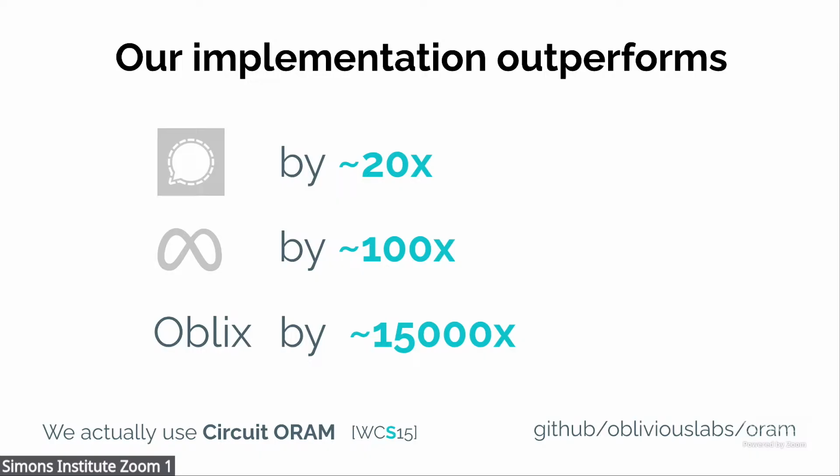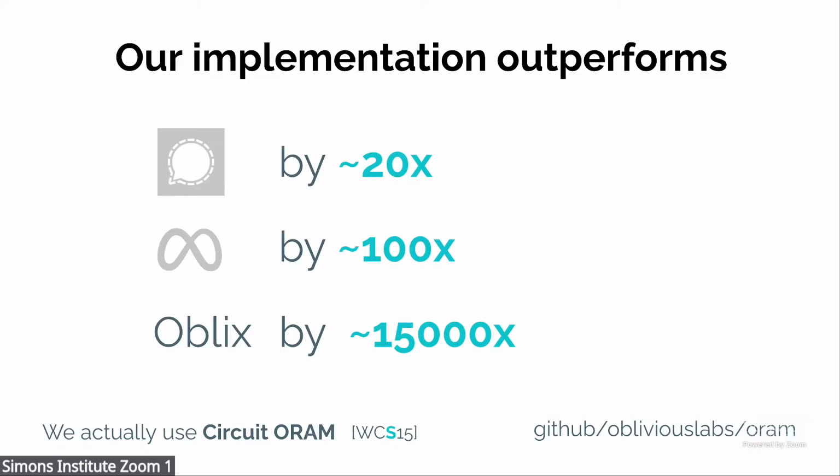But if you do these external memory algorithmic tricks, the key is you can get asymptotically better performance in this external memory model, in terms of the number of page swaps. So that's why, if you look at our implementation, it outperforms Oblivious by 15kx, which should be pretty surprising because we are just talking about a tree data structure.